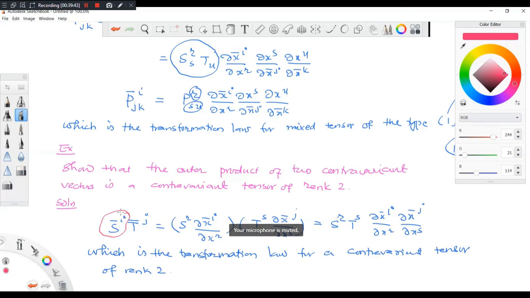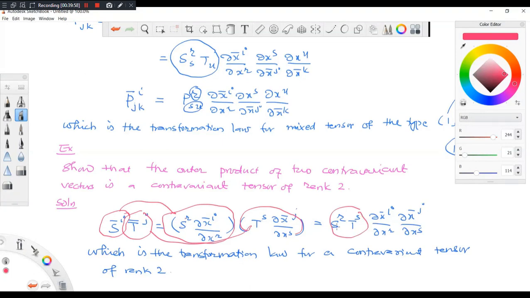What is its transformation law? This is one, and this is also a contravariant. Its transformation law is this. What you are doing is multiplying this component with this component. It is one component, which may be some x1, and 2x2 is the other component. So you are merely multiplying these factors. That's the meaning here.